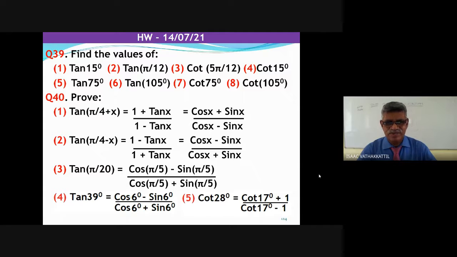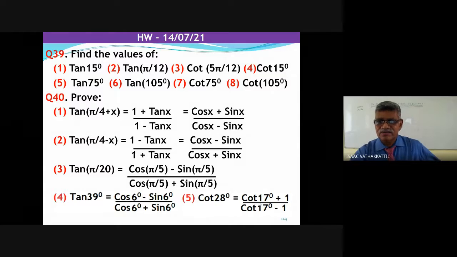Pi by 20 is nothing but, tell me. Pi by 20 is nothing but pi by 4 minus pi by 5.